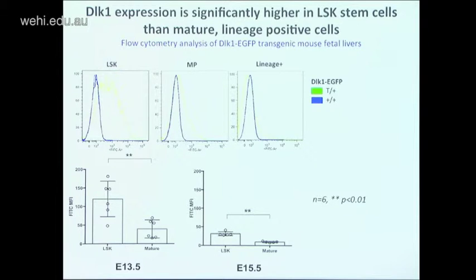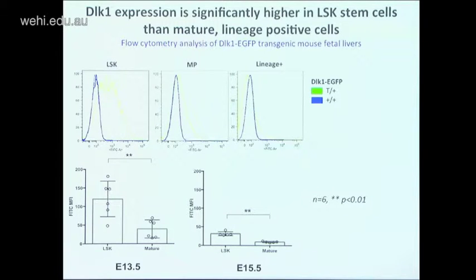So here, the transgenic mice is represented by the green line, and the wild type by the blue line. Obviously in the wild type, there's no change through LSK or progenitor or lineage positive cells. But in the transgenic mice, you can see there's a significant shift in fluorescence in the stem cells. And as the cells become more mature, the expression drops.